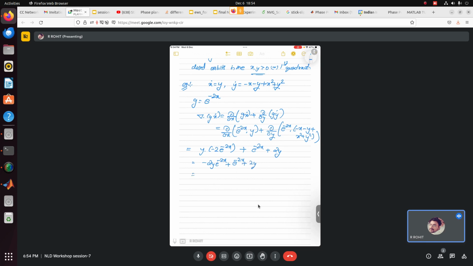So if you rearrange it, you take e to the power minus 2x common. Okay, here this should be minus because you had a minus in front of it, so you have minus 1 plus 2y remaining.